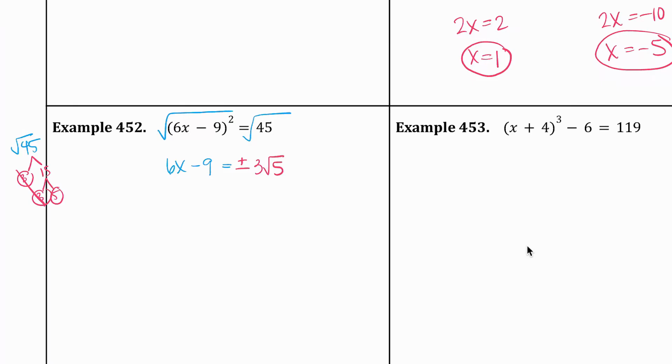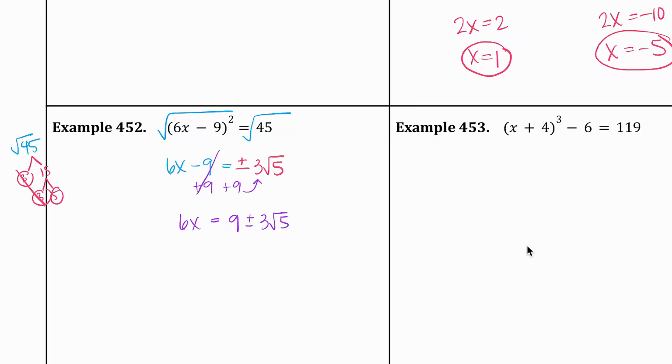All right, my goal is still to solve for x, so I'm going to add 9. So I get 6x equals, careful here, I can't add 9 to this. This 3 is stuck with that square root of 5, and they're not like terms. So I'm just going to write this as 9 plus or minus 3 square root of 5.